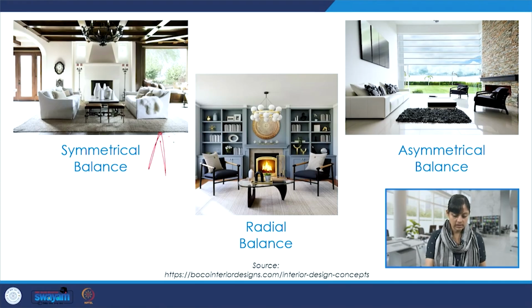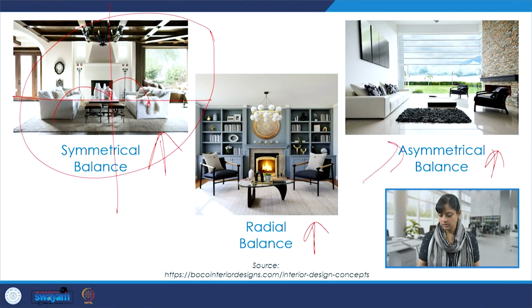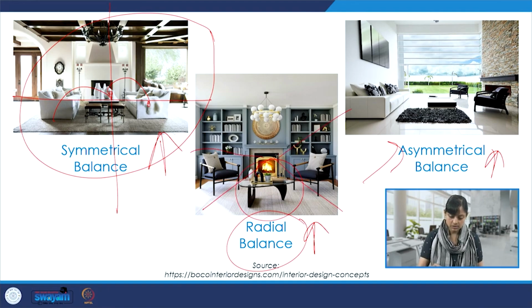So these are some of the images trying to explain symmetrical balance, which is sort of a mirror image along this axis, and asymmetrical balance, and this is sort of a radial balance where there's a central focal item and then radiating attention in the space.